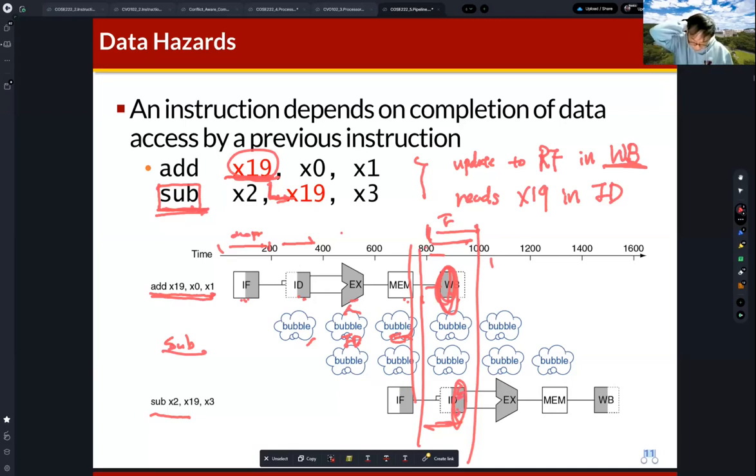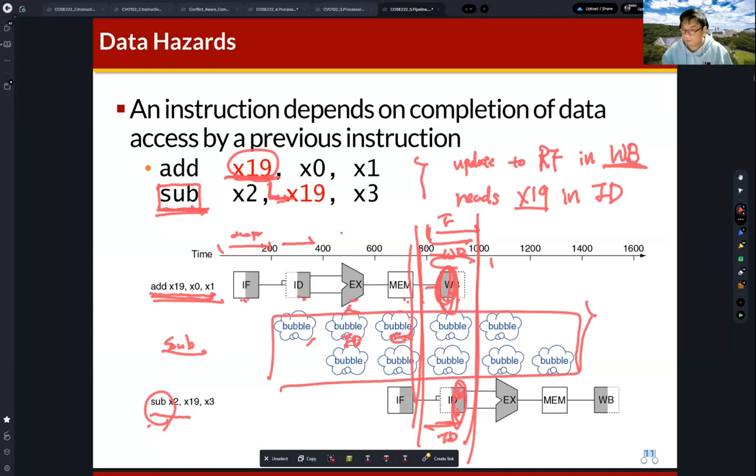So the write back stage of the add instruction and the ID stage of the sub instruction are located in the same time slot, in order to read the updated data from the register file. So the sub instruction cannot be assigned to the processor for 2 cycles. So 2 cycles are wasted.